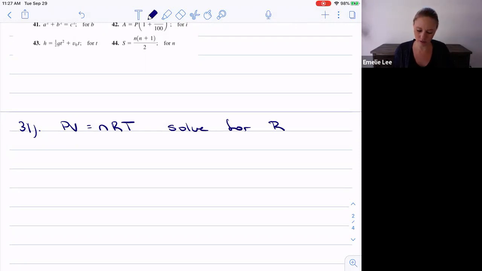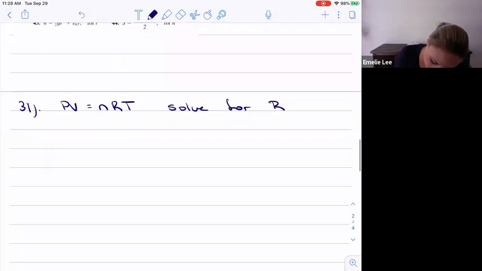So what we have to do is hold this R steady, right? And we want to get R on its own. So we want to isolate R, and we have to undo what the n and T are doing to R in order to get R on its own. So if n and T are multiplying R, then to move them to the other side, we have to divide both sides by n and T. Right?